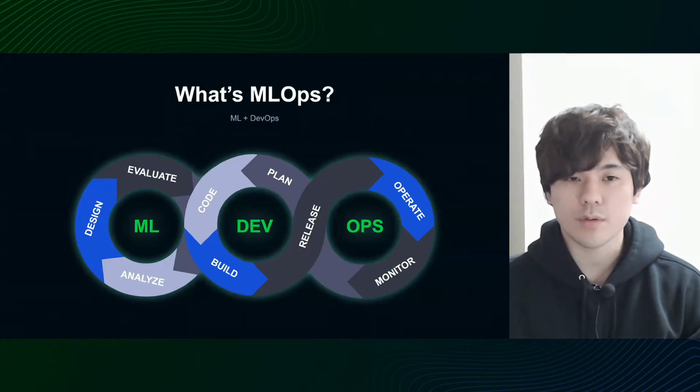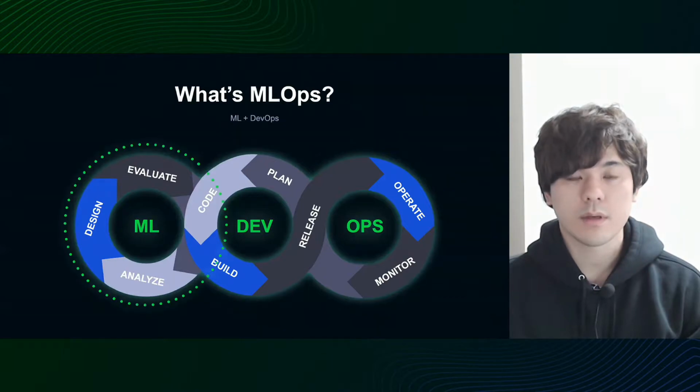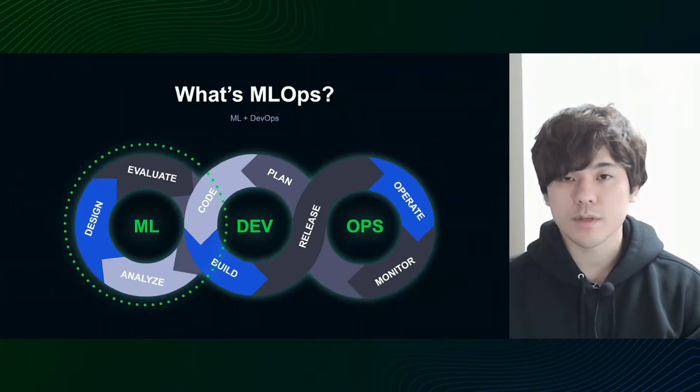So what are the peculiarities of MLOps from a DevOps perspective? First, in addition to usual DevOps, MLOps includes the design and the validation of ML models. Here, we design a machine learning model, evaluate its performance through experiments, and develop logics to meet requirements.